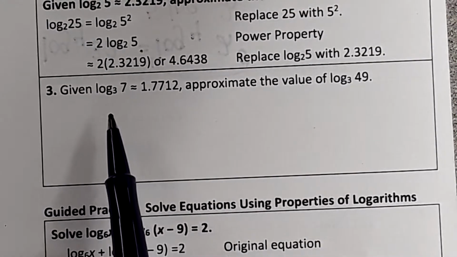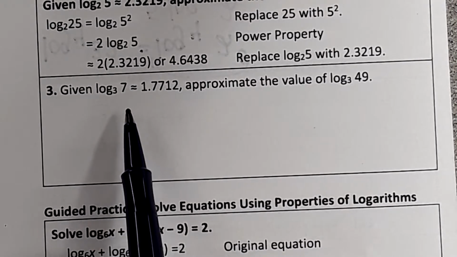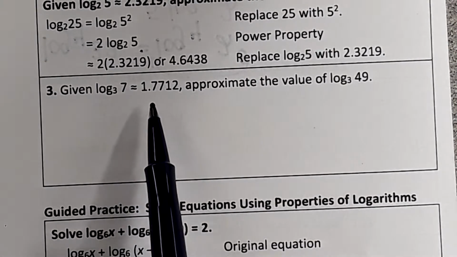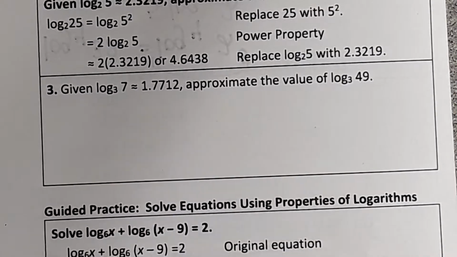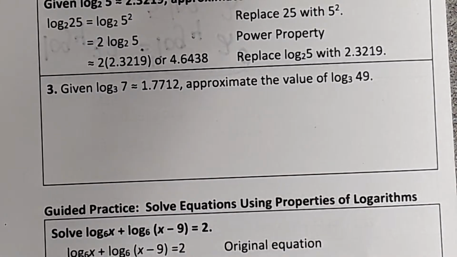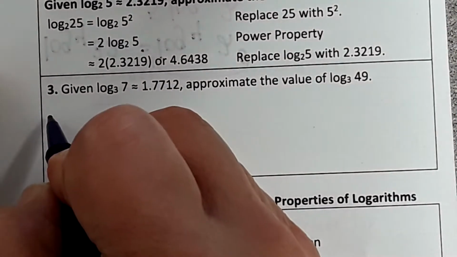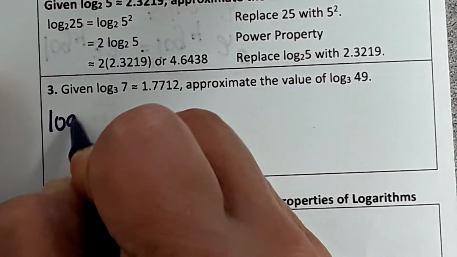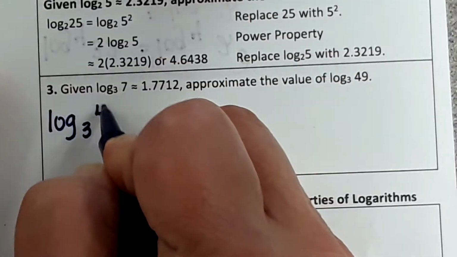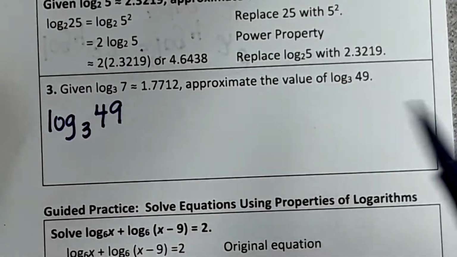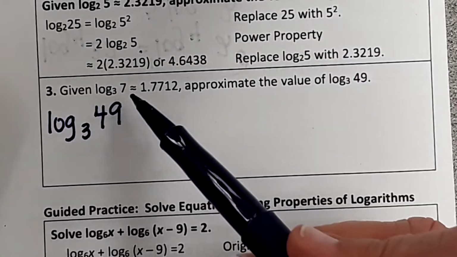Given log base 3 of 7 is approximately 1.7712, approximate the value of log base 3 of 49. So we have log base 3 of 49. I need it to be a 7.